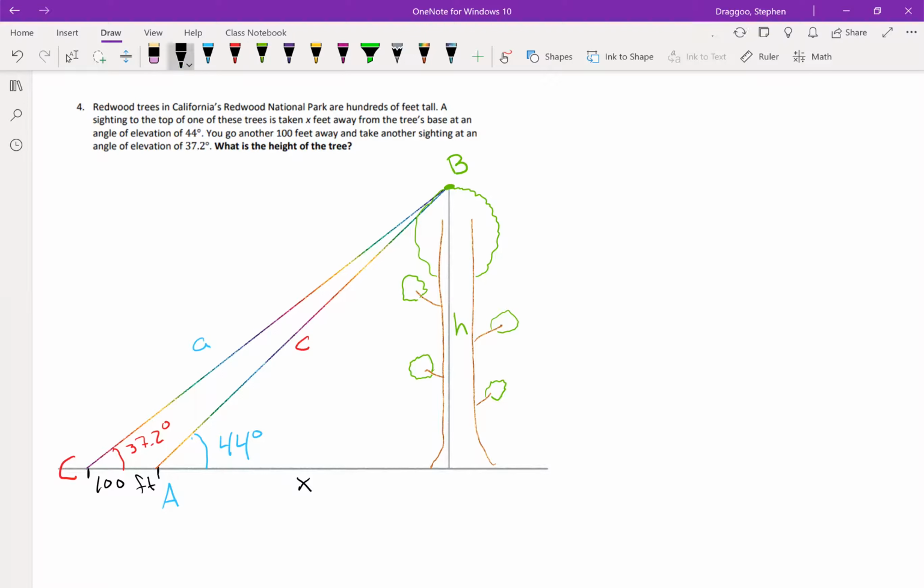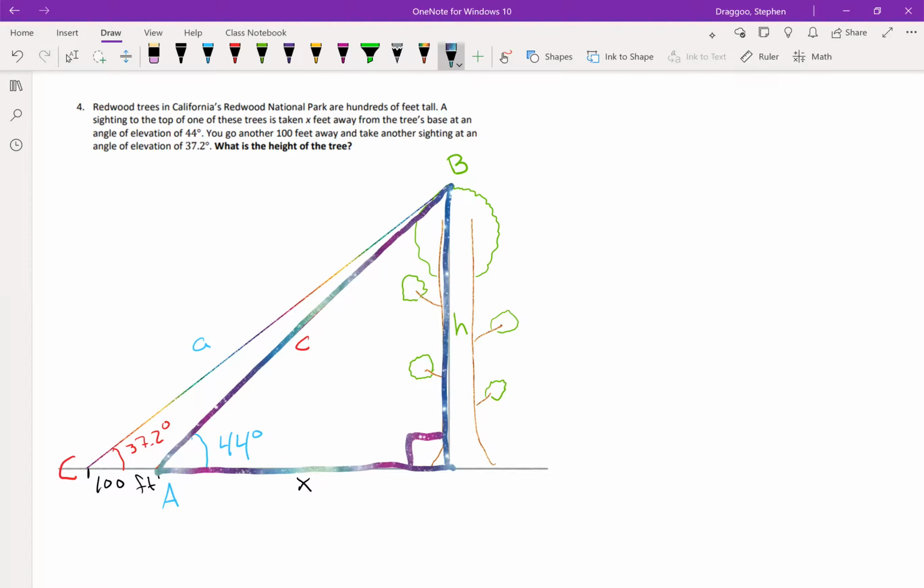So if I were interested in solving for H, the thing that I would probably want to notice is that I have a right triangle that contains H already, that being this triangle shown here. This is a right triangle.